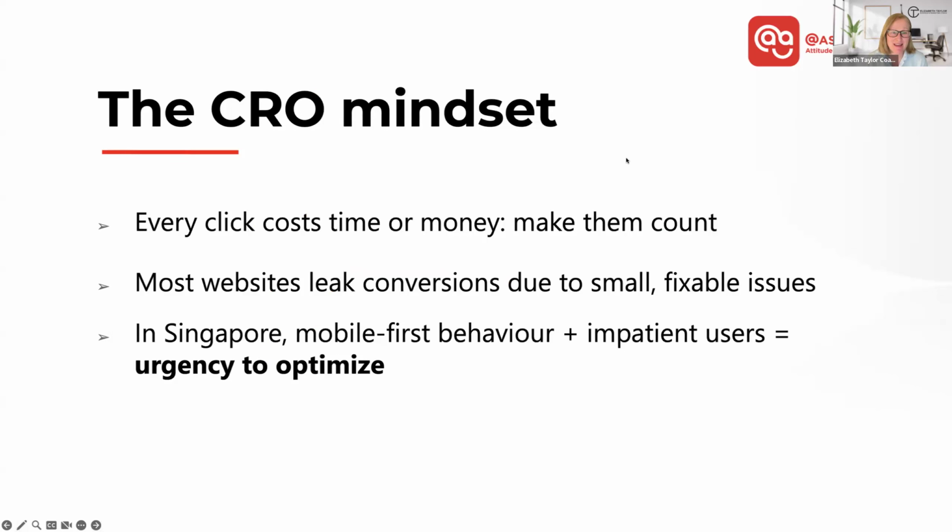What I mean by the CRO mindset, so the conversion rate optimization, that just means how do we make that conversion rate better? How do we take it from a 2% to a 3 or a 4%? And that is really to think about a couple of things. So the first one is every time we don't maximize that click, then we're losing time or money, right?